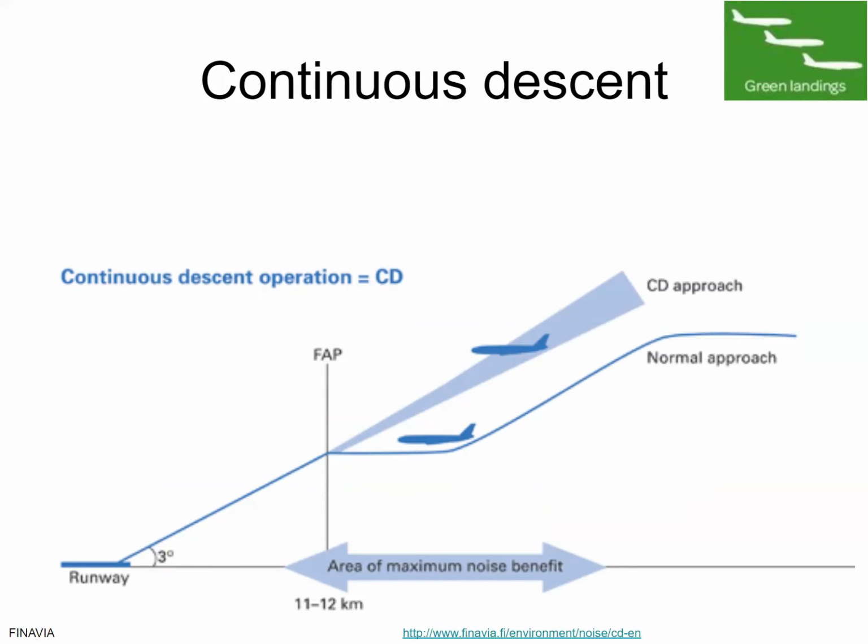TMA. And the last but not least, I want to finish with this slide. Kind of reminding and bringing your attention to this wonderful new thing called continuous descent operations, CDO.